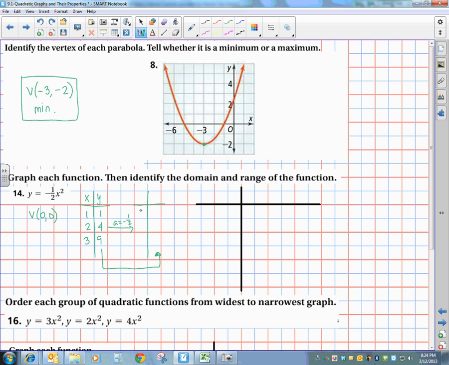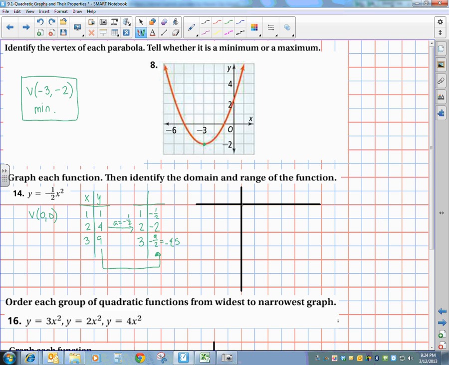So I have 1, 2, 3, and 1 times negative 1/2 is negative 1/2. 4 times negative 1/2 is negative 2. And 9 times negative 1/2 is negative 9/2. Or if you're using a calculator, that might give you negative 4.5.